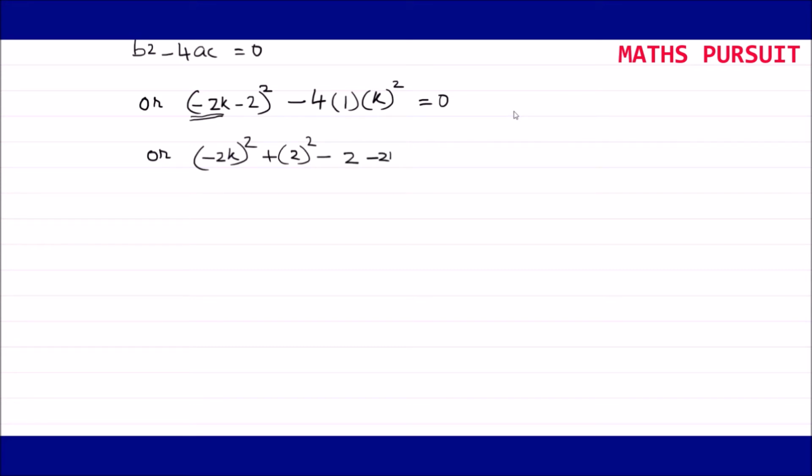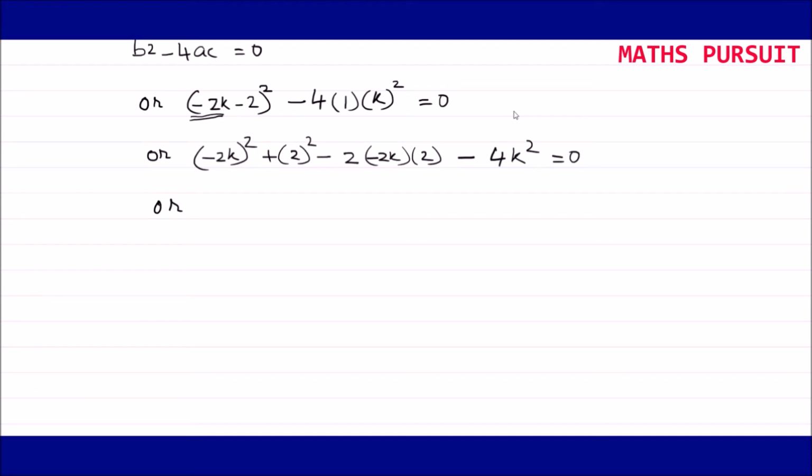Here a is 2k and b is 2. Guys, don't get confused why I took minus 2k, because here a is minus 2k, that is what is being given, and b is 2. Because as per (a minus b) whole square, we know that it is a square plus b square minus 2ab, irrespective of the negative sign of the b.